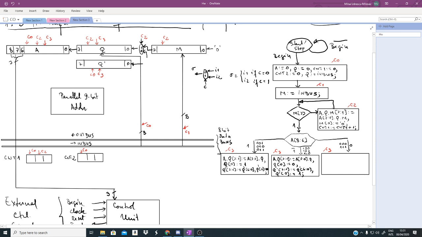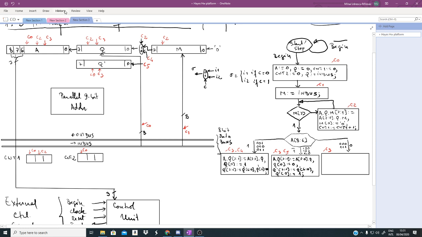But I also need C4 here. I activate C4 here because it's 1 upstairs. And I activate C5 here when it's 1 in Q prime of 0. And that's it.